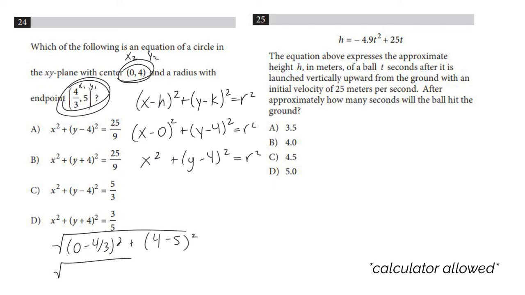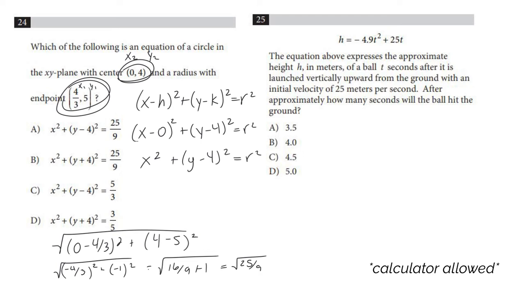I do that math, so I end up with -4/3 squared plus -1 squared. If I put those in my calculator, I'm left with 16/9 plus 1. Add those together, and your calculator will tell you 25/9.